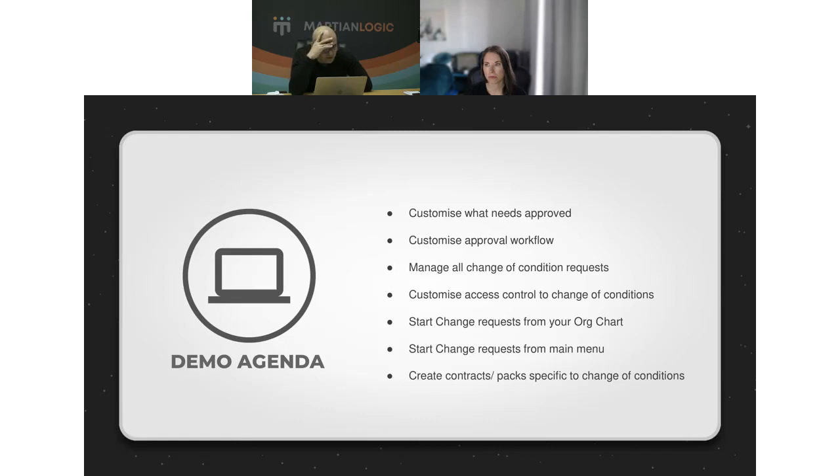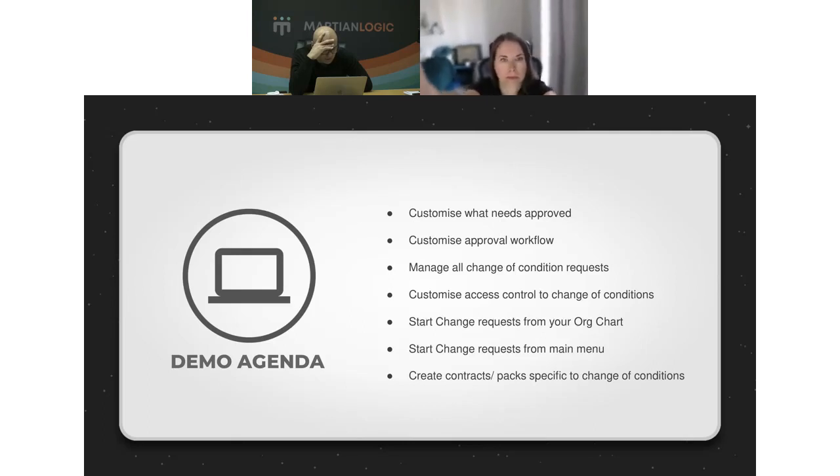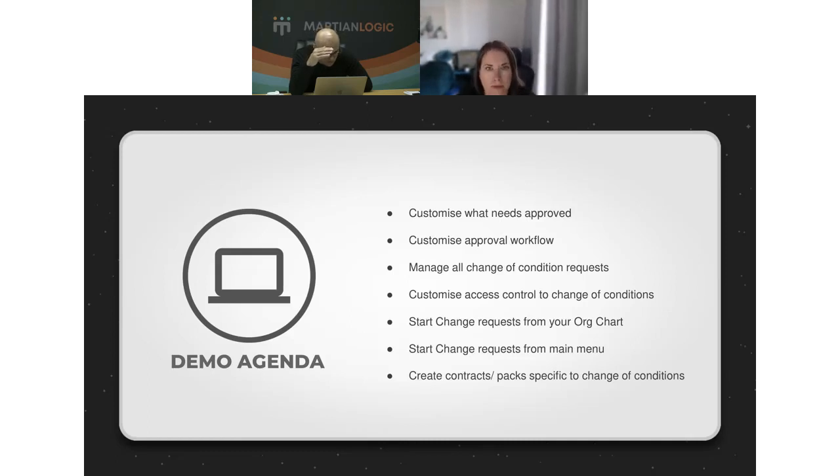So all that can be done in an accurate manner, utilizing all the power of the workflow that we have, in order to have that change approved by the right people in the business. And from there, we also use the power of the onboarding packs to create the right contract to reflect the changes, have it signed internally, and then send it out to the employee to sign to make that change legal.